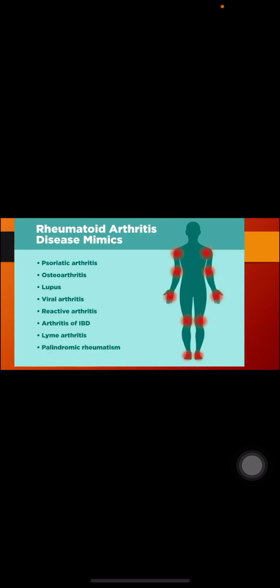These are the differential diagnoses for rheumatoid arthritis. It can mimic psoriatic arthritis, osteoarthritis, lupus, viral arthritis, reactive arthritis, inflammatory bowel disease, Lyme arthritis, and palindromic rheumatism.